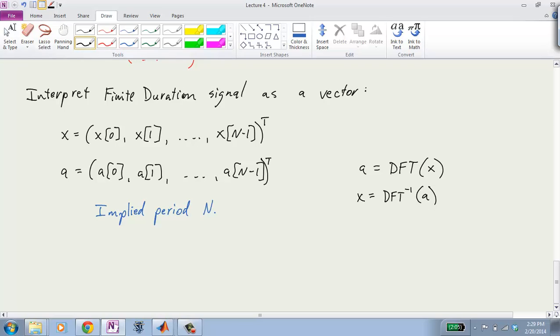I keep saying it's the discrete time Fourier series because the difference between this and the discrete time Fourier series is so minute. And it's just the following. A_k equals the sum of x_i.